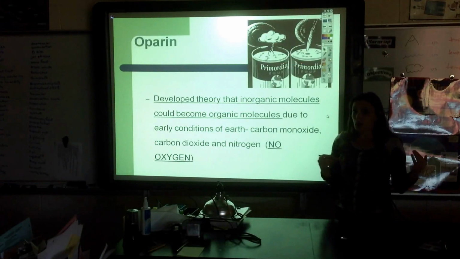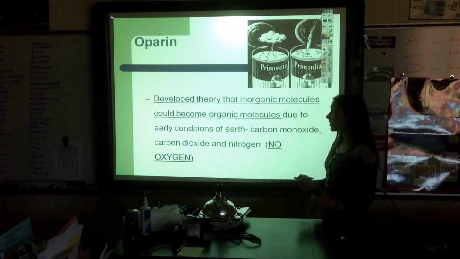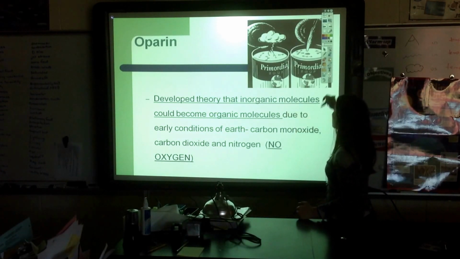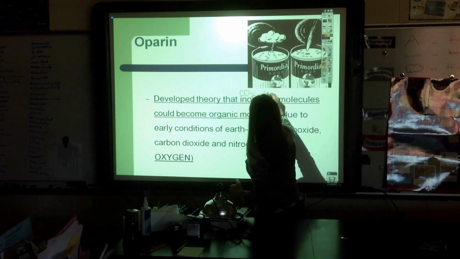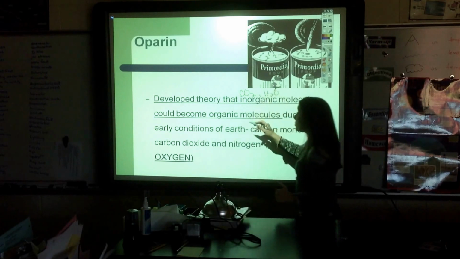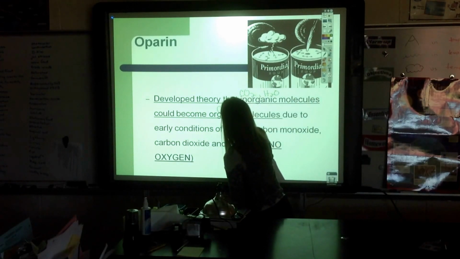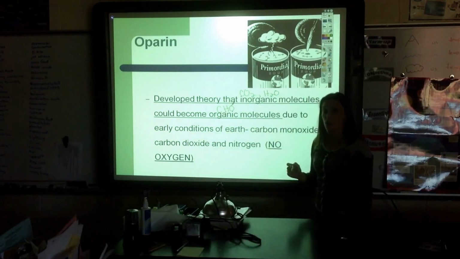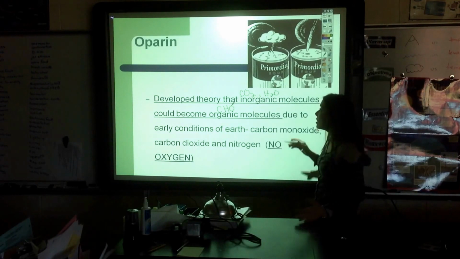And so a man named Oparin, you don't necessarily need to know his name, but you do need to know that there's a theory that inorganic materials, things like CO2, H2O, could become organic materials. Remember, organic are things that have C, H, and O. Things like carbohydrates, amino acids, nucleotides, lipids.